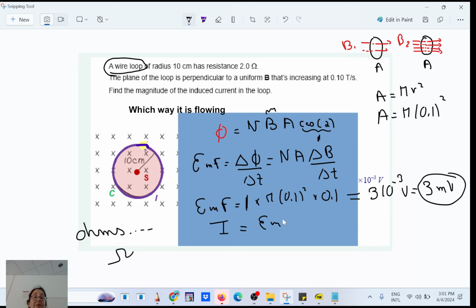It will be the EMF divided by the resistance, so 0.003 divided by 2. And you get milliamps, about.